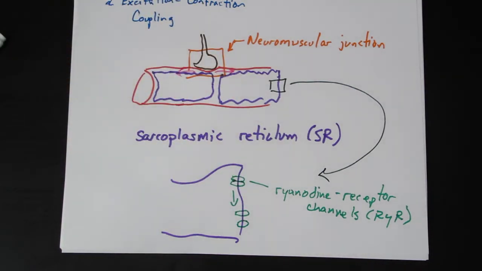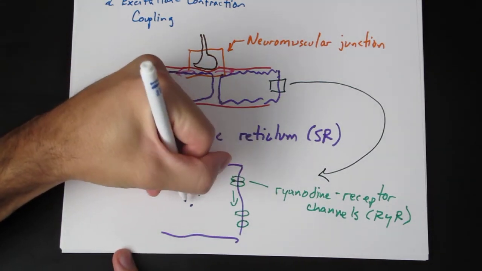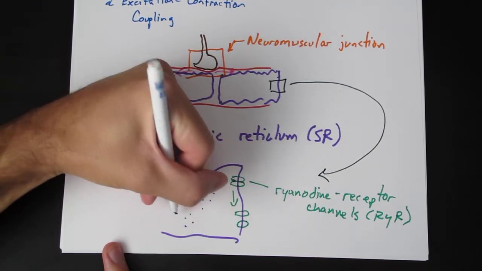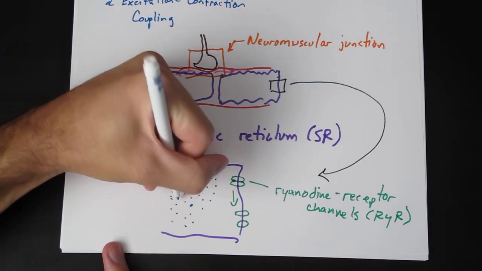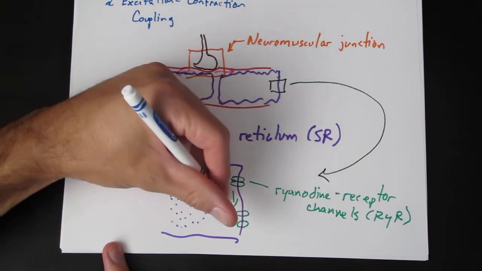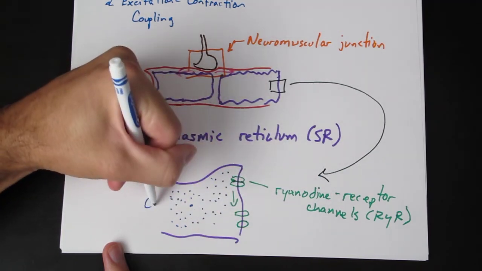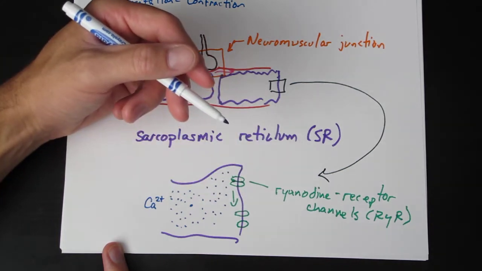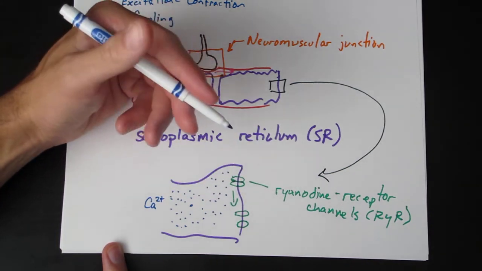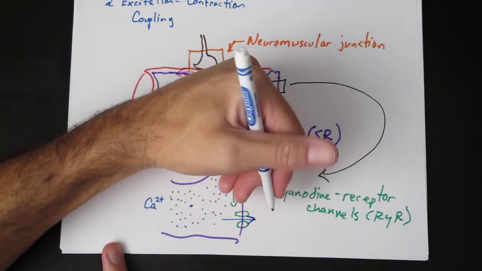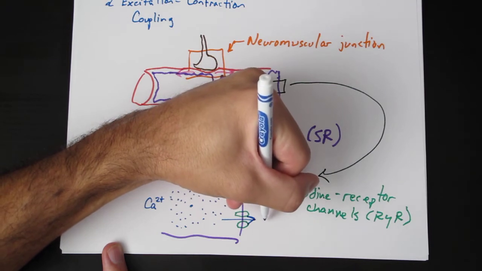The sarcoplasmic reticulum is a storage tank, essentially, for calcium. So inside of the sarcoplasmic reticulum, we find a huge amount of calcium. Okay, so this is calcium. And when this channel opens, when the sarcoplasmic reticulum is depolarized, it allows calcium to move out into the sarcoplasm of the cell.